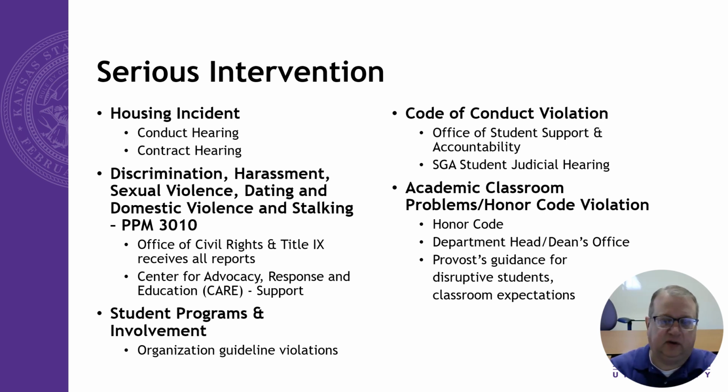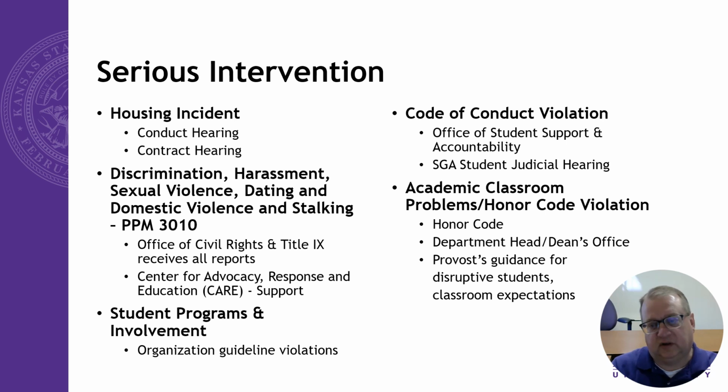If it involves discrimination, harassment, sexual violence, dating or domestic violence, or stalking, then the Office of Civil Rights and Title IX will receive those reports and work through their investigation process. If there's a violation of an organization policy, Student Programs and Involvement and the Office of Student Support and Accountability work together.